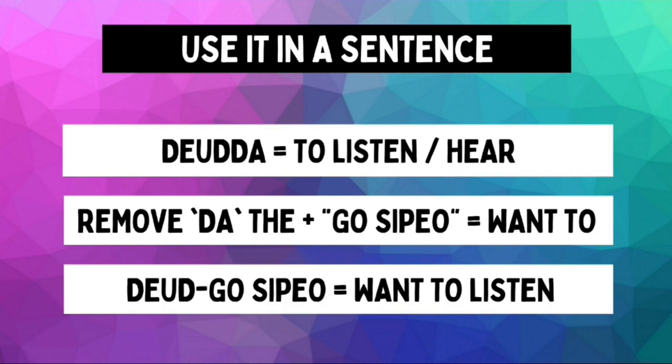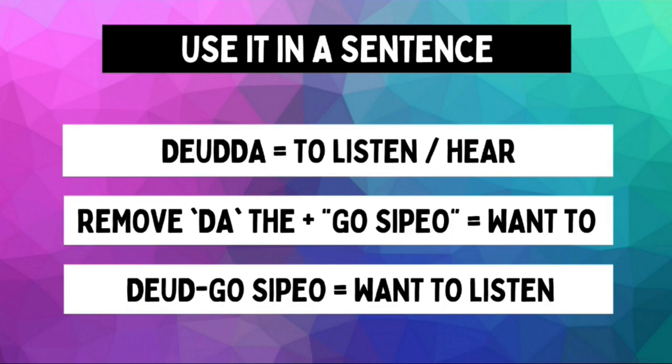Again, 고 싶어. So just like the usual method of conjugation, we'll remove da from 듣다, leaving behind 듣. And then we'll be adding 고 싶어. So 듣 plus 고 싶어 is 듣고 싶어, which means want to listen. So this specific line expressed that you want to listen.